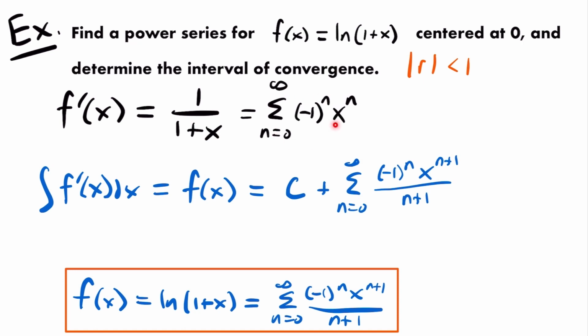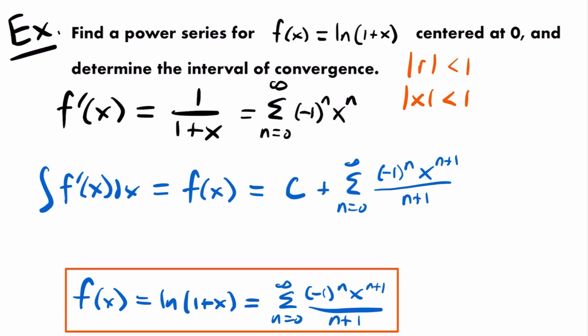So let's look at our geometric power series that came from our derivative. In this case, the common ratio r was negative x, or you could just use x, because either way, the absolute value of negative x is the absolute value of x, because the absolute value bars will eliminate that negative. So we would have the absolute value of x is less than 1. And what that tells us is two different things.